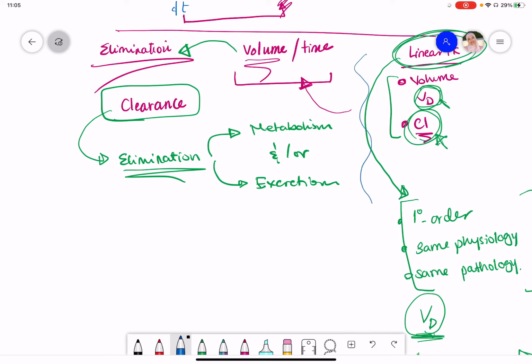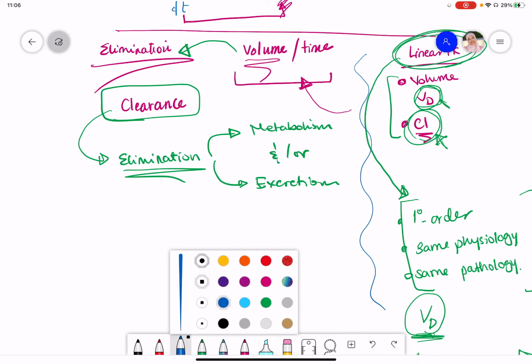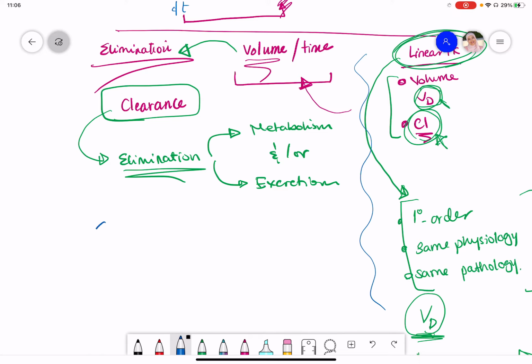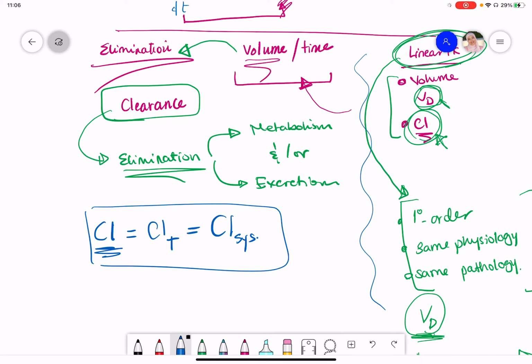Okay, the symbol we usually use for clearance is CL, or total clearance, or systemic clearance. Some references may use different but similar symbols.